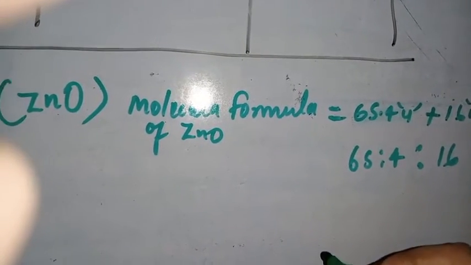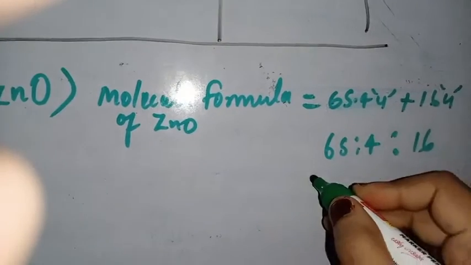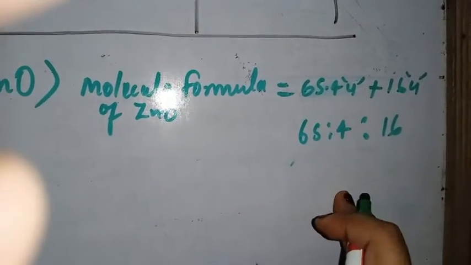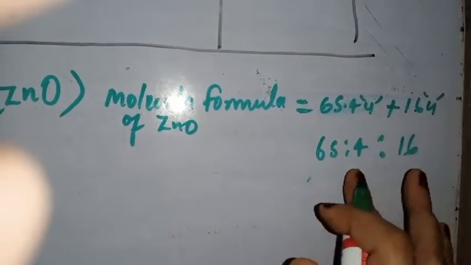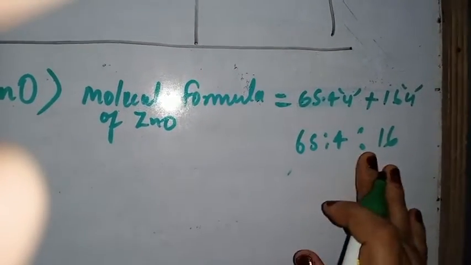If you want, you can simplify it to whole numbers, but it will be in the ratio 65.4 to 16 only.